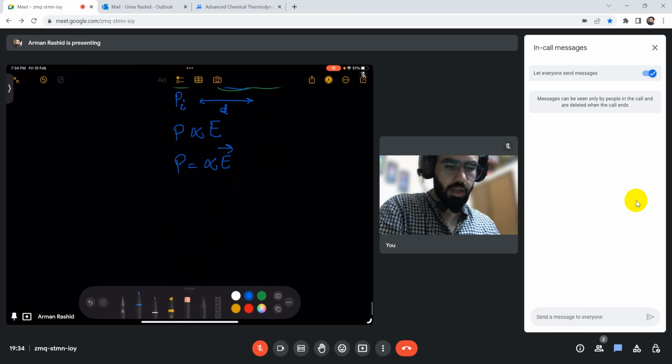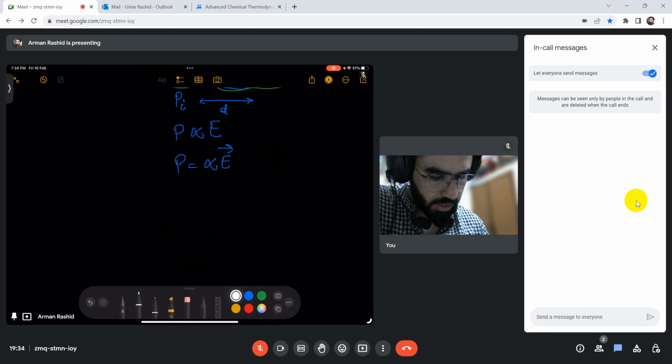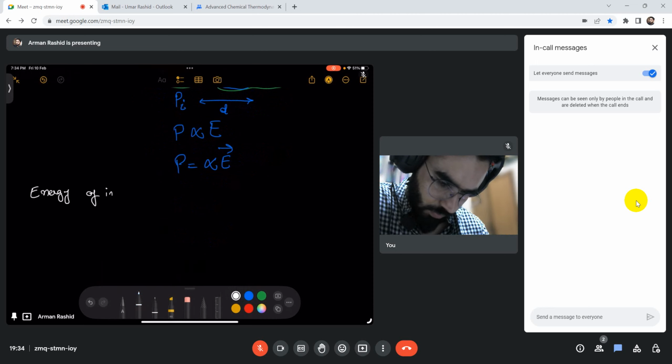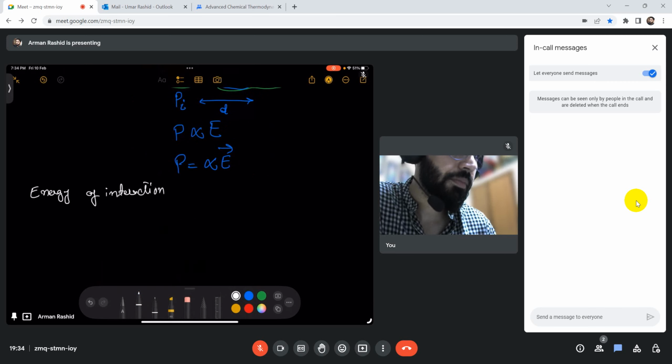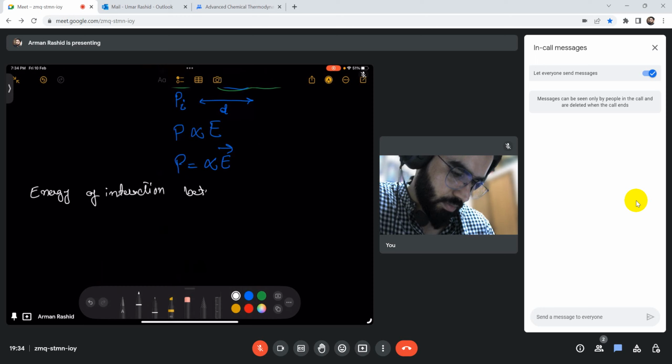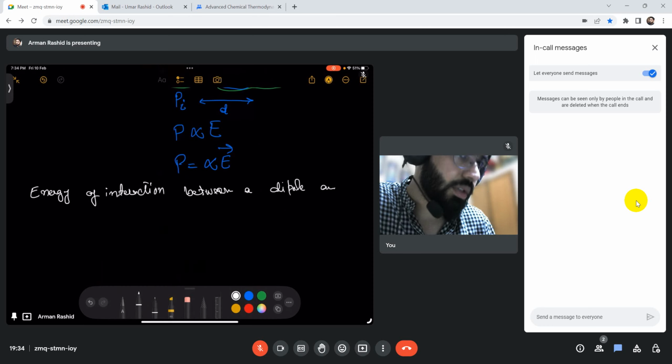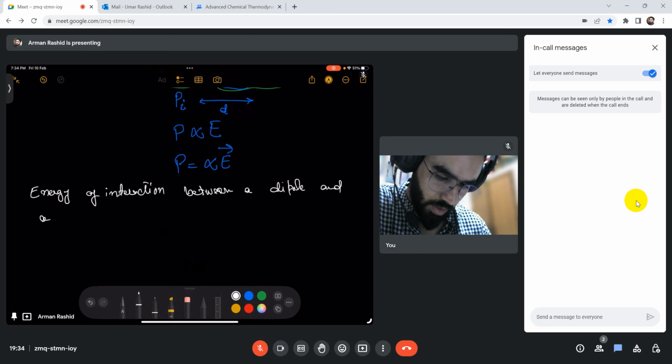For that we have to see how much is the energy of interaction between a dipole and a point charge.